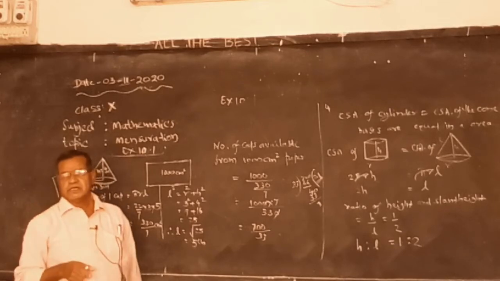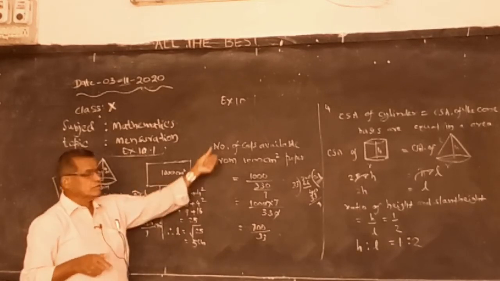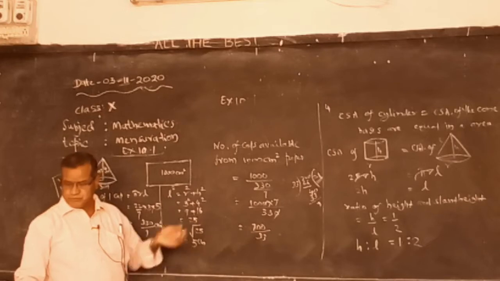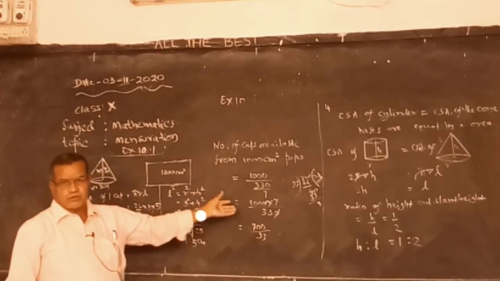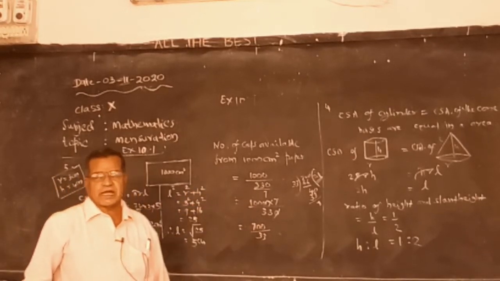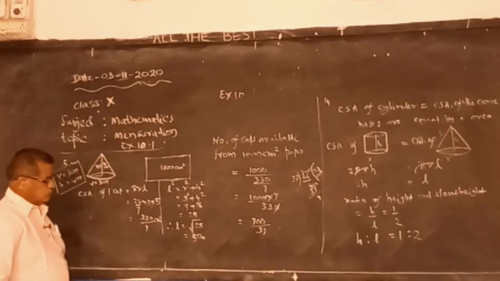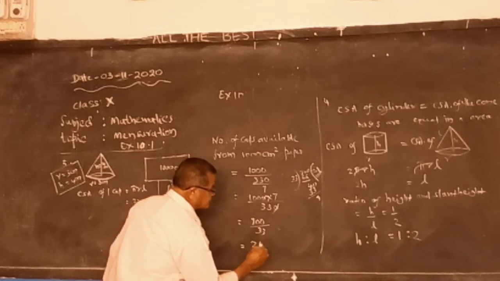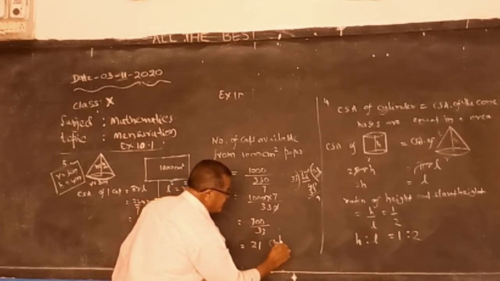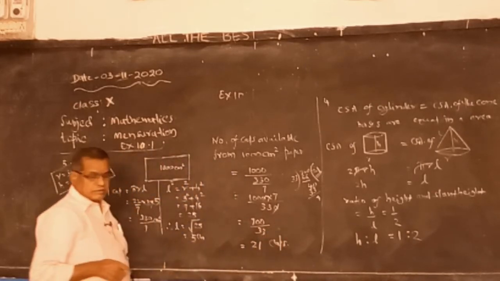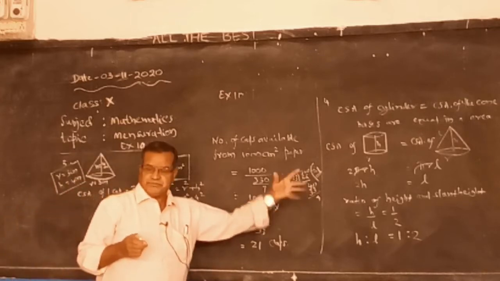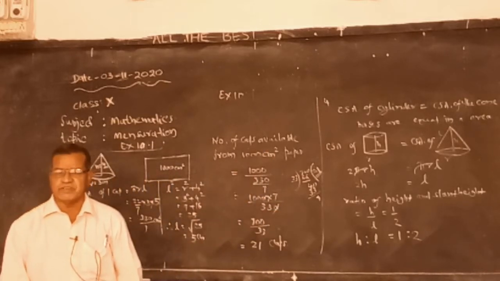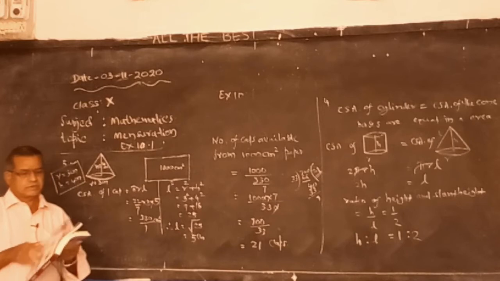So we get 21 caps. Some remainder is left, leave it. Some waste is left.